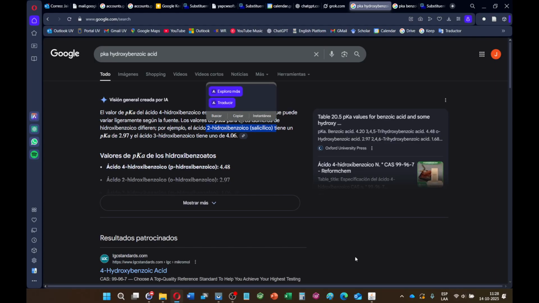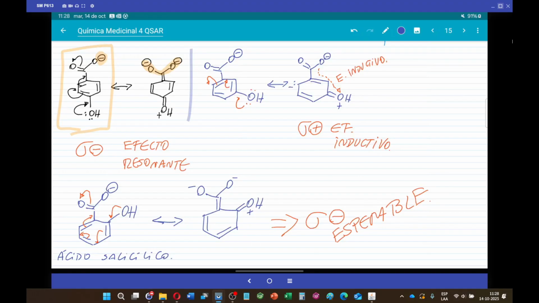So how do we explain the value? According to the literature, the pKa for 2-hydroxybenzoic acid, or salicylic acid, is 2.97. It is super acidic, more acidic than all the previous ones. And as it is so acidic, one says, but I have an electron donor according to Hammett.